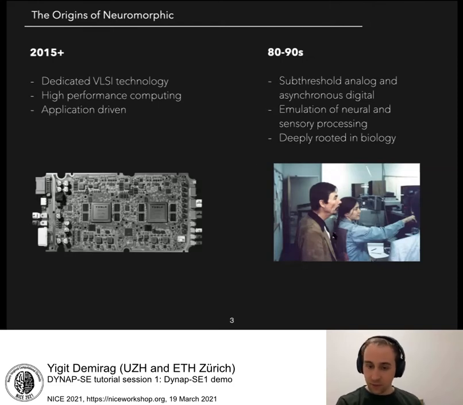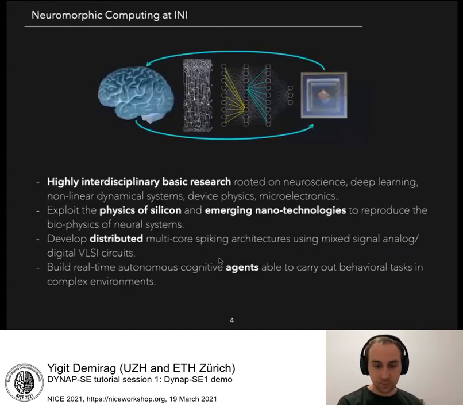For example, one of the very first students of Carver Mead, Misha, was a biologist, in fact, who later developed the silicon retina. So at the Institute of Neuroinformatics in Zurich, we follow the second approach.